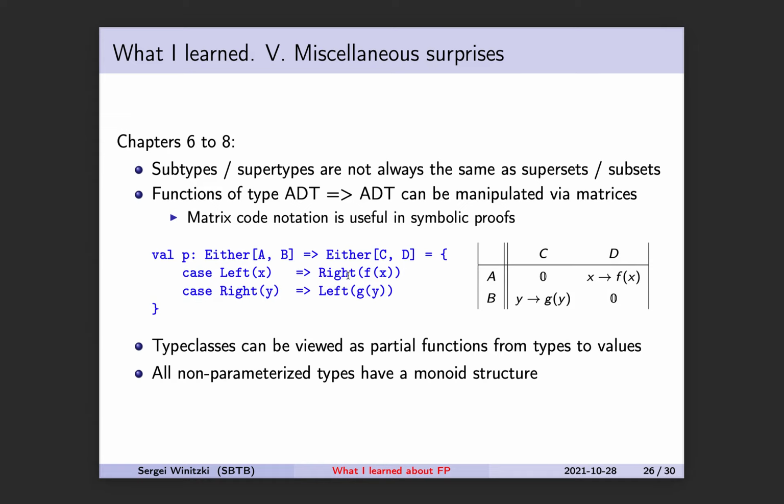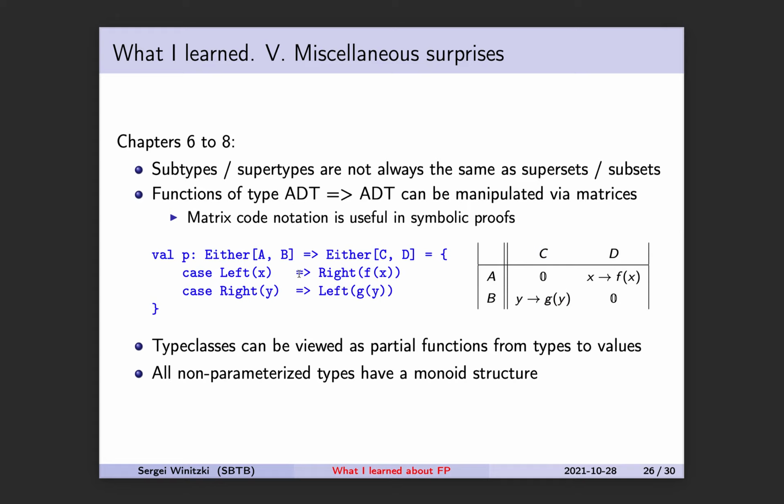So for example, if you return the right one, that means you return here. And then you write this function that takes x and returns f of x in this place in the matrix. And similarly, for the second line in the case match expression, you write here in the second row of the matrix this function from y to g of y. Y needs to have type b, and g of y needs to have type c.